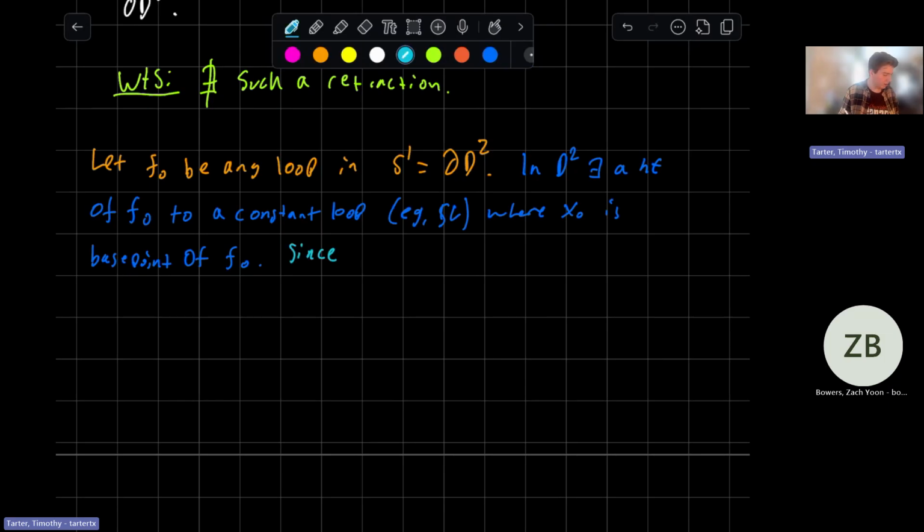Since the retraction r is the identity map on the 1-sphere, the circle, the composition of r with the straight line homotopy is a homotopy in S1 from r of f naught, which is f naught, to the constant loop at the base point.